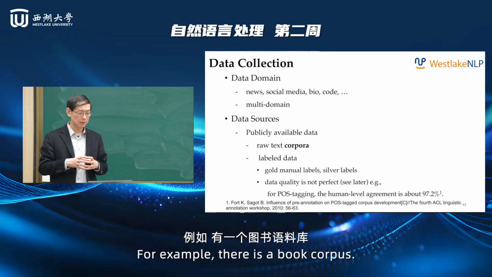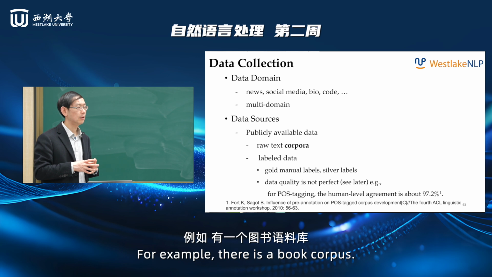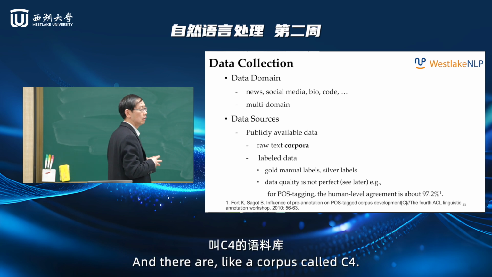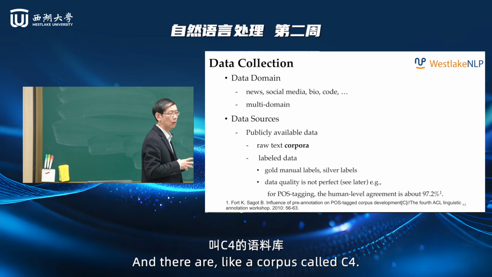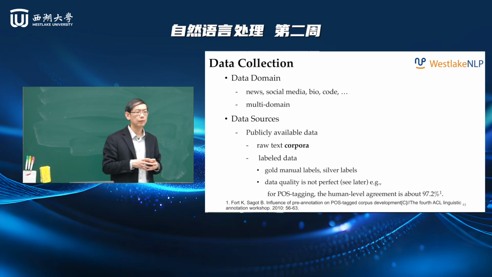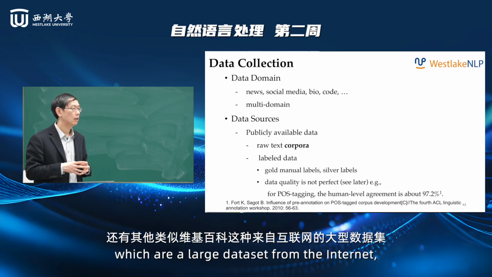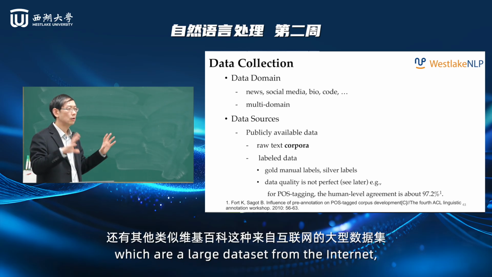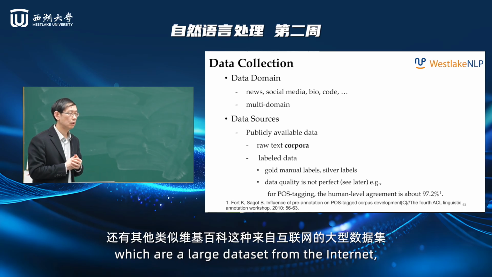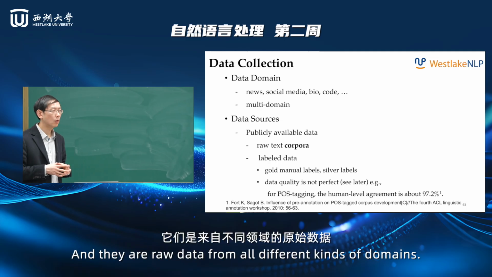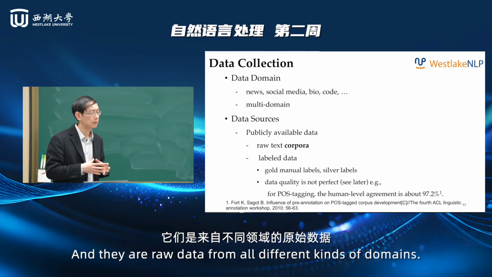For example, there is a book corpus, and there is a corpus called C4. There are also other Wikipedia sources, which are large data sets from the internet, which you can use to train a language model. And they are raw data from all different kinds of domains.